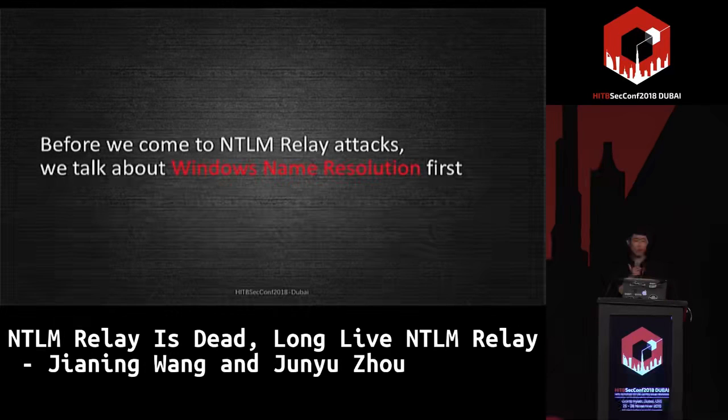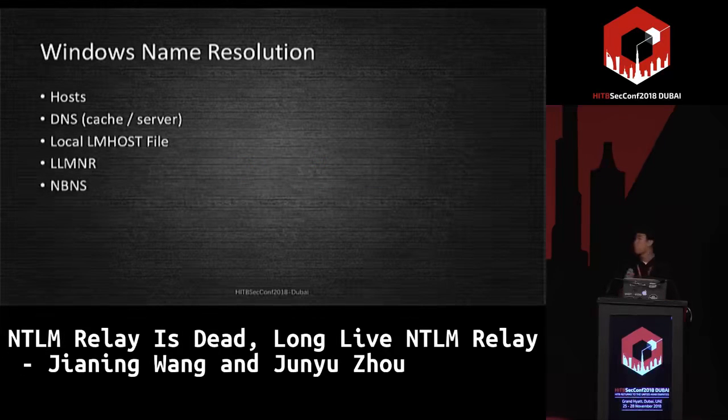So before we come to NTLM relay attacks, let's talk about Windows name resolution first. When you access a domain, Windows will resolve the domain to an IP address. It obeys the following order.